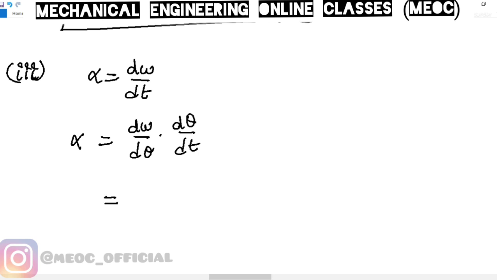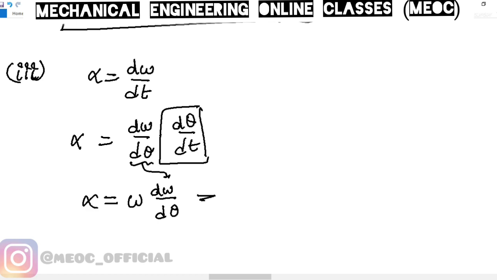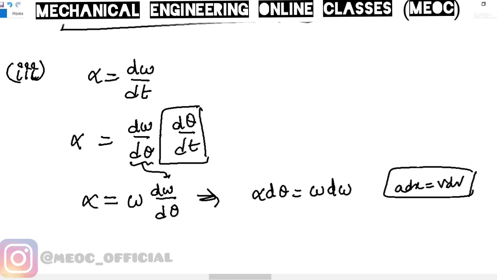So this d theta by dt can be written as omega, and this second term we are writing as it is d omega by d theta. This is alpha. So from this we can write alpha d theta as omega d omega, just like a dx is equal to v dv in our linear equations, linear relation.